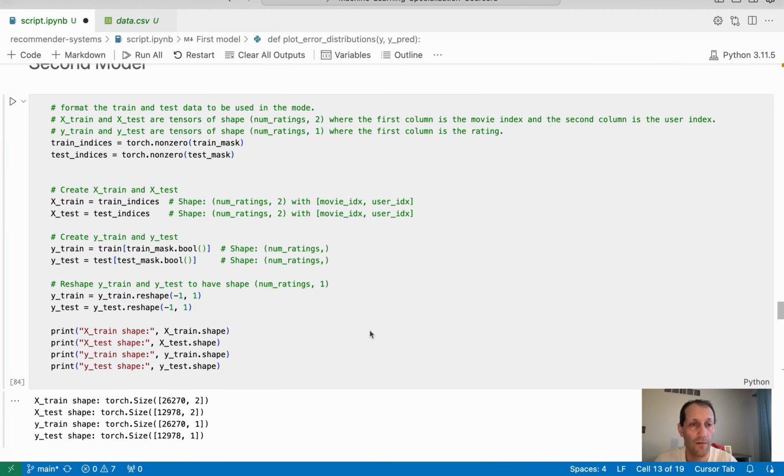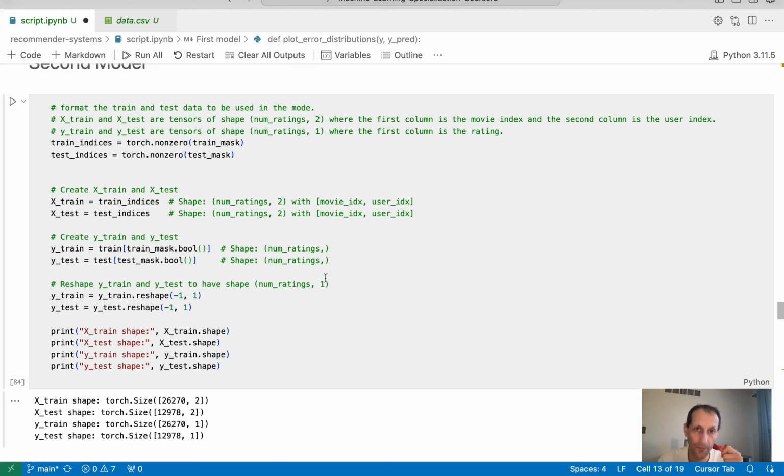So here's my second model. The one thing we need to do is to reformat the data. In the first model, the data looked a little unique. You had the same matrix that you used for training and testing, and you had a mask for train, another mask for test. But because this time we're just going to build a linear model, we need to create these X and Y matrices.